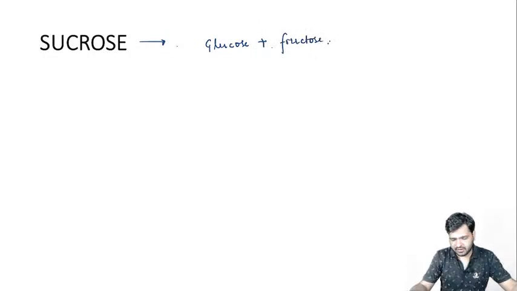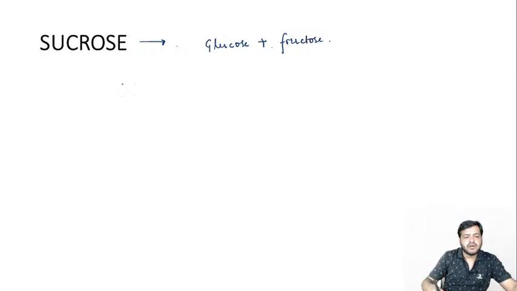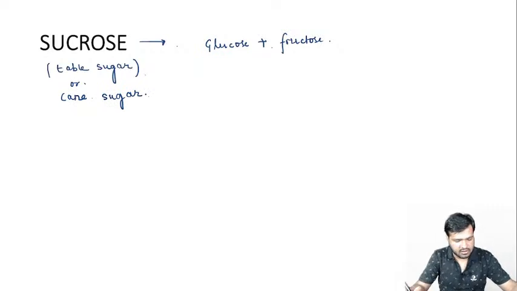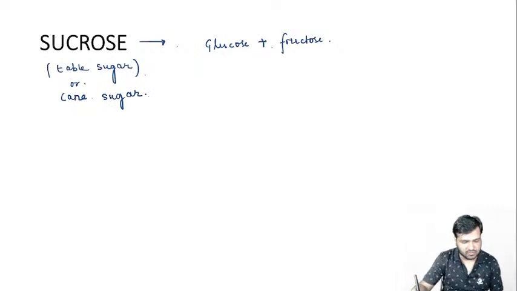You already know that sucrose is known as table sugar, the sugar that you are using in common day life, or it is known as cane sugar.